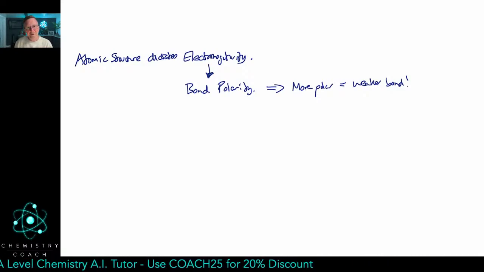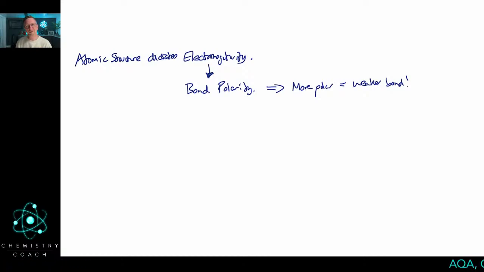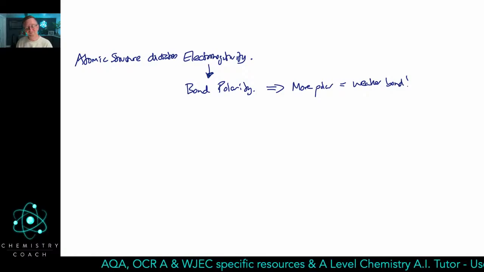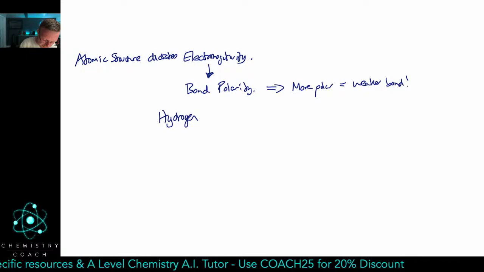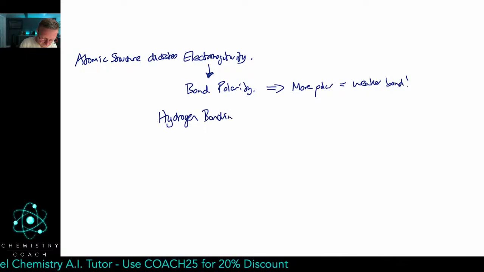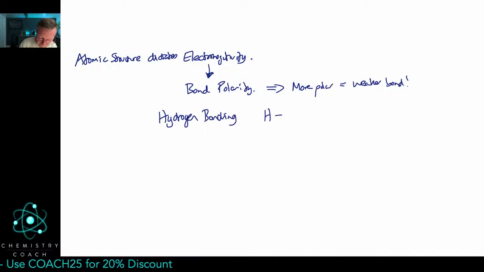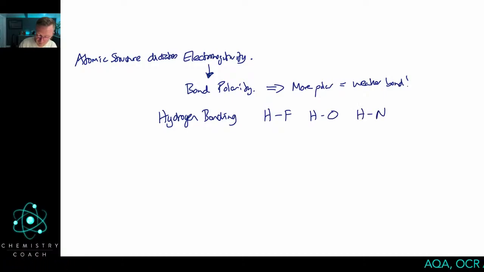Speaking of bond polarity, it is really important when it comes to simple covalent molecules because bond polarity dictates the types of intermolecular force that we have. Our three types of intermolecular force, in order of strength, strongest first, are hydrogen bonding, where we have to have hydrogen directly bonded to fluorine, oxygen, or nitrogen.